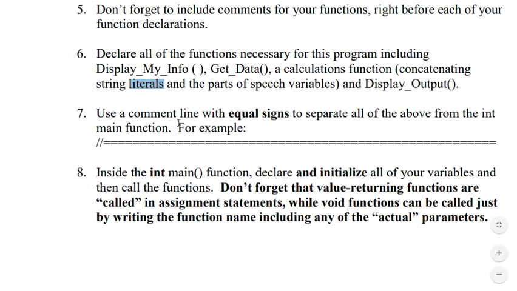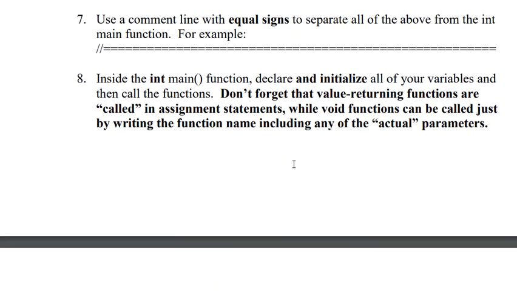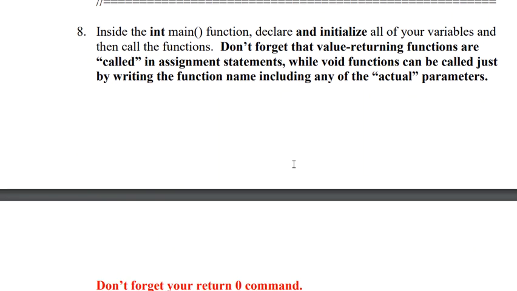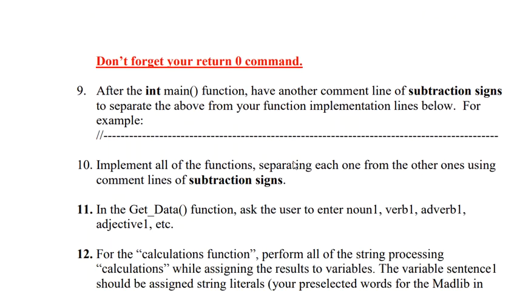So to get back to here, yes, everything that we're going to do now. The calculations, it's basically going to take 2 variables, sentence 1. It's going to concatenate your string literals, whatever you create, just make it nice, with those variables, and then assign it to sentence 1. It goes into more detail a little bit further down here. All right. Don't forget to return 0.